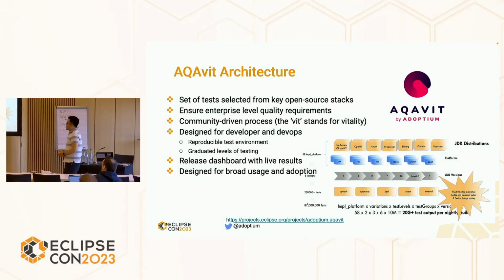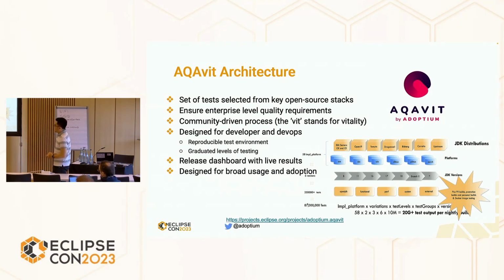Now I'll talk about the architecture of AQAvit. We have a set of tests selected from key open source stacks, and we work to ensure enterprise level quality. It's also a community driven process. That is why we have the fidelity.